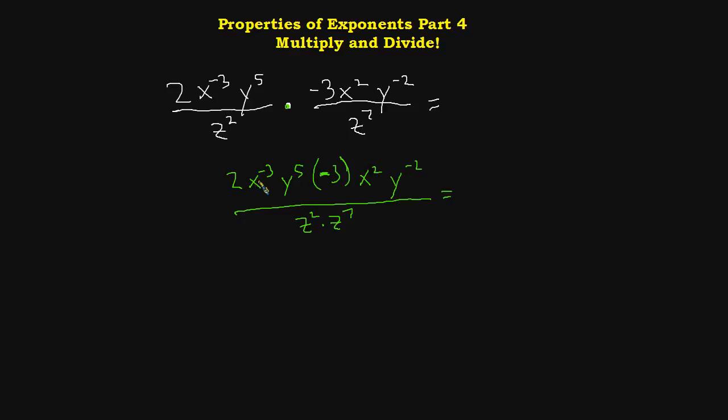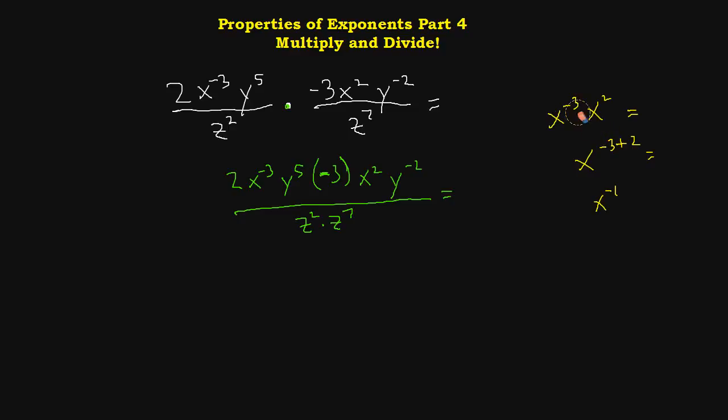Some of you know that if I do x to the -3 times x squared, you could say, well, that's going to be x to the -3 plus 2, which turns out to be x to the -1. That's completely reasonable if you get that, but I'm going to show you a slightly different way.